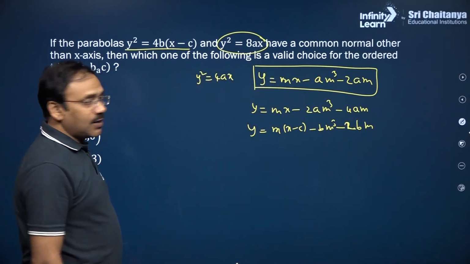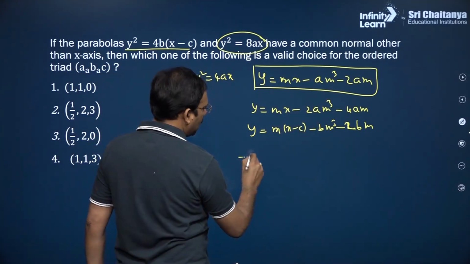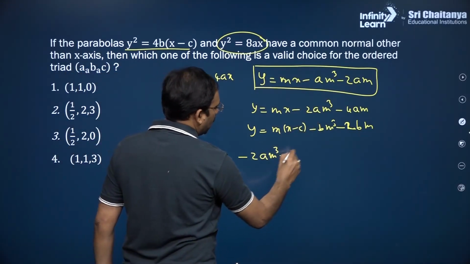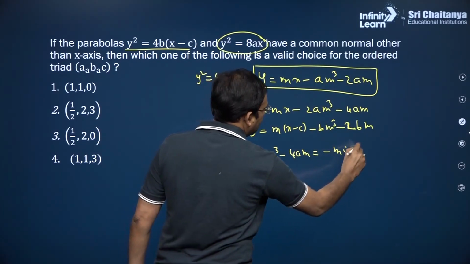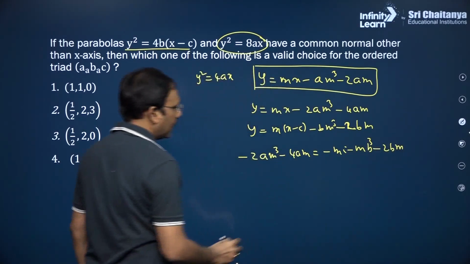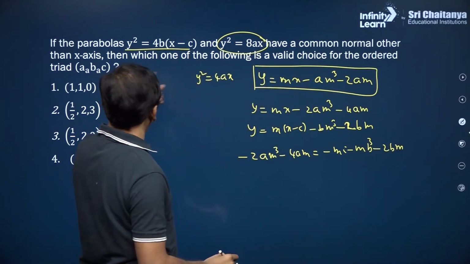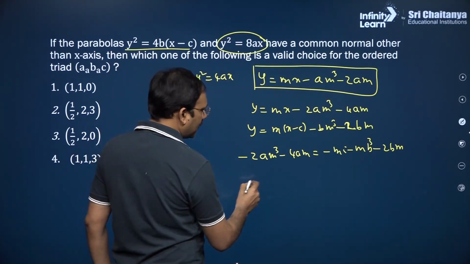So my dear friends, now if these two are the same, compare the coefficients. Minus 2am cube minus 4am is equal to minus mc minus mb cube minus 2bm. In the problem, m is not equal to 0, so take out m and cancel.